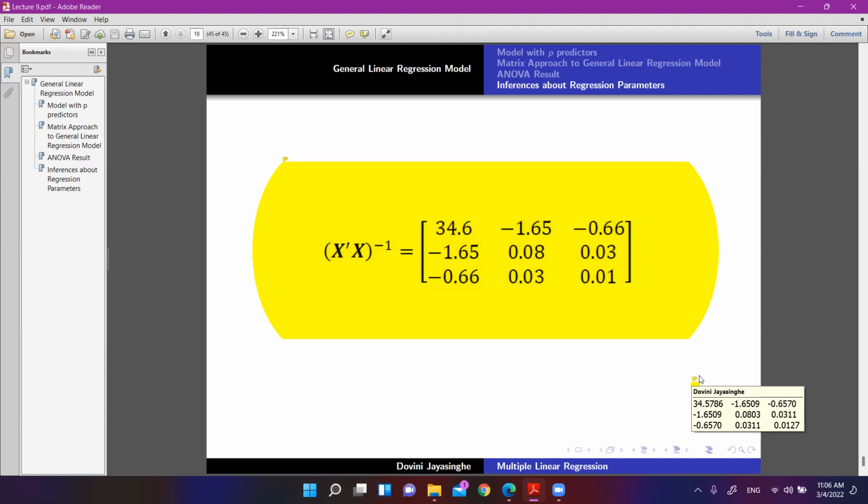Actually, it has many decimal places, but when you are doing it manually, it's very troublesome to deal with a lot of decimal places. So just copy down this matrix for X transpose X inverse and do the rest of the computations to estimate betas first, and then obtain the ANOVA table, obtain the confidence intervals for betas.